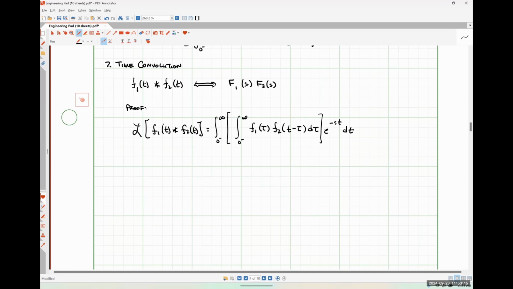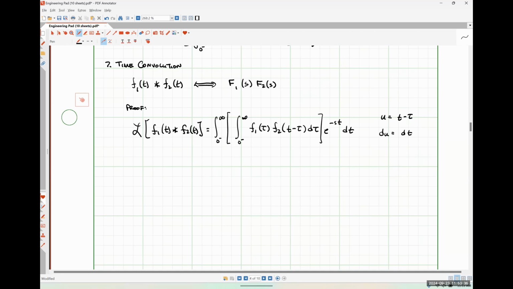So we will let u equal t minus tau. Then du is just dt. So let's make some substitutions in here.